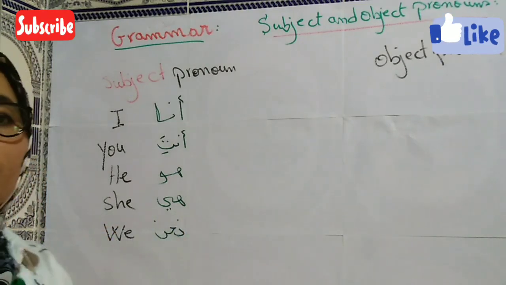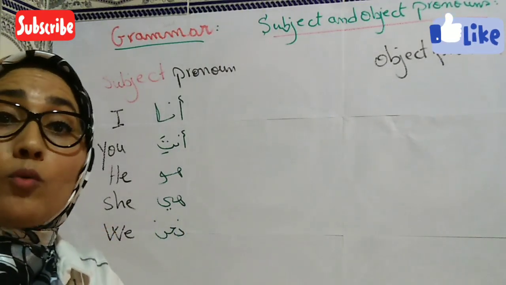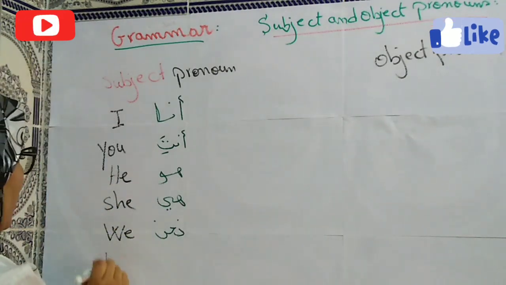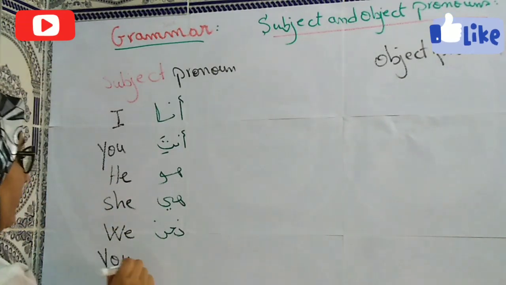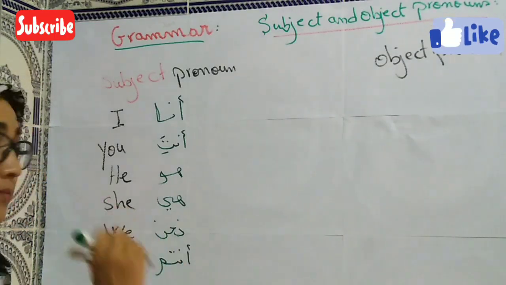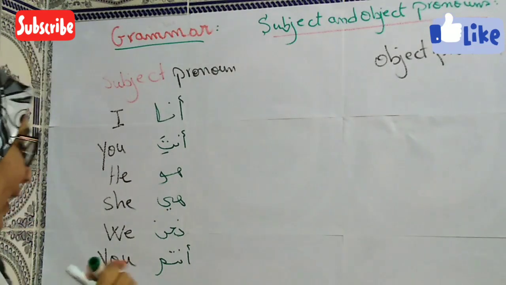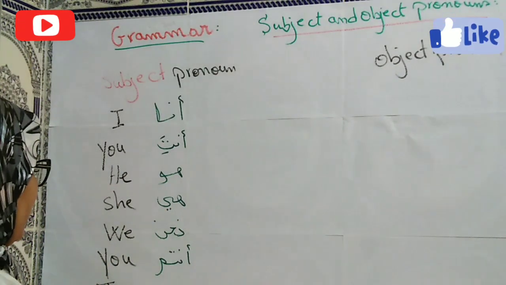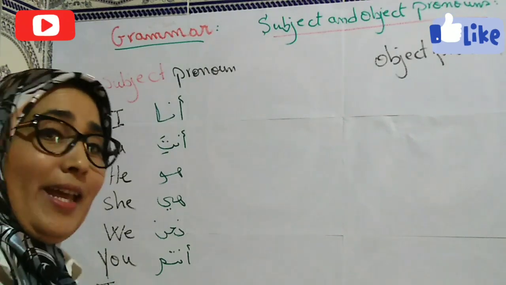Then we have the plural pronoun you, okay? You. And we have the last subject pronoun, which is they.